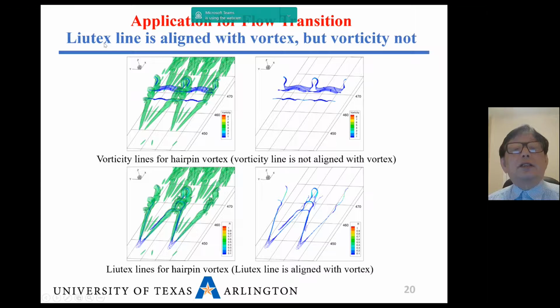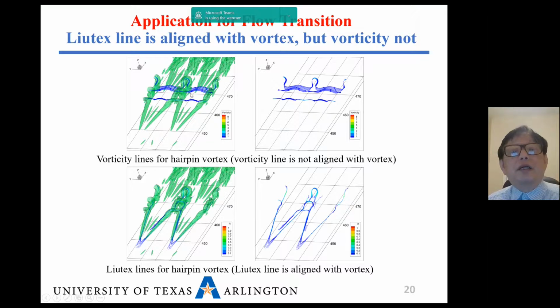Since Nutex is the vector definition for vortex, it can directly be used to show the vortex, not the vorticity. The blue ones are vorticity lines, and the green one is the vortex isosurface.